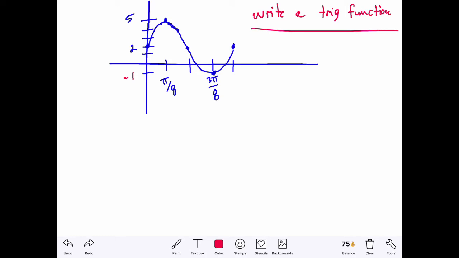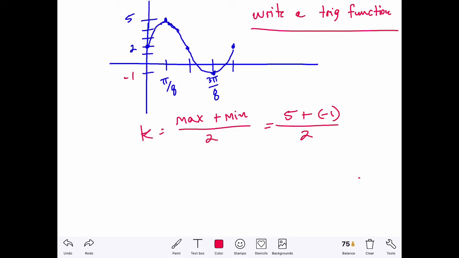Okay, so first we want to identify the vertical shift on something like this. This is obviously shifted, and we can do that by doing our max value plus our min value and dividing it by 2. So max it gets up to is 5 for y, plus the min is -1, over 2.